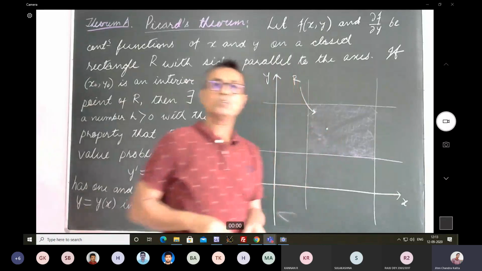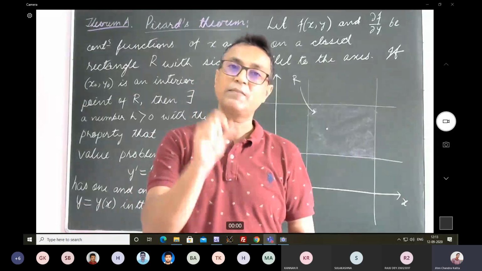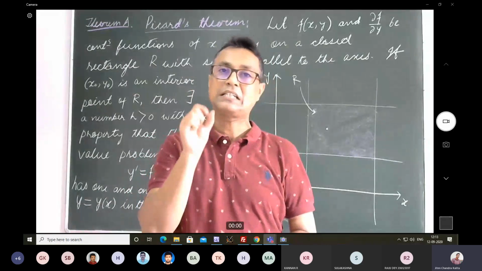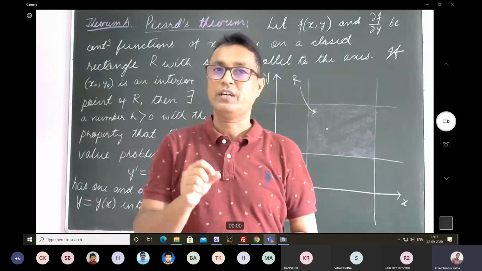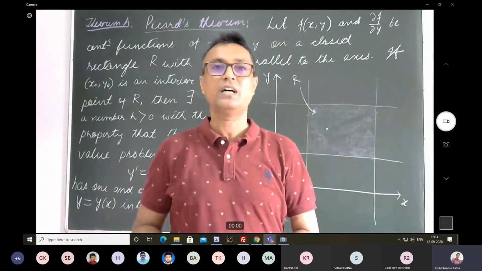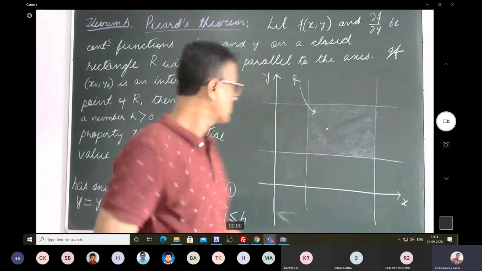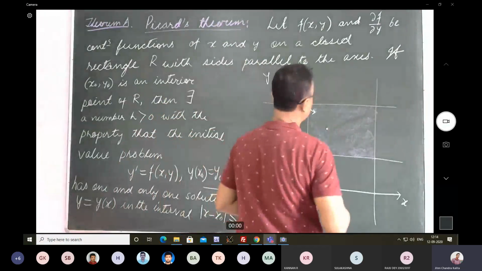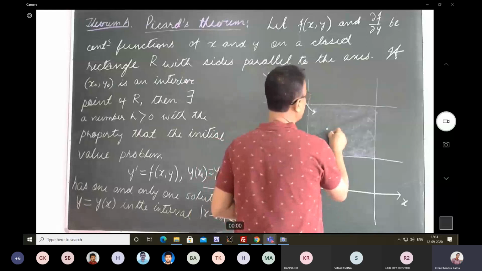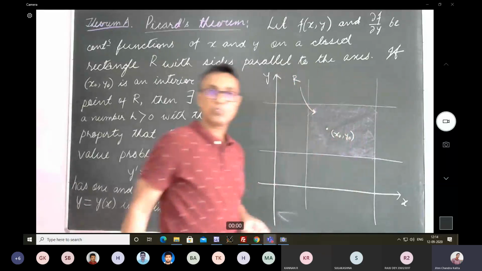And remember, whenever you have to prove some theorem, what you have to do at the very beginning is look at the inputs. Okay, what is the information you have there in the theorem so that you can utilize it to prove it. So here another piece of information that we have been provided is that your x naught, y naught is an interior point.